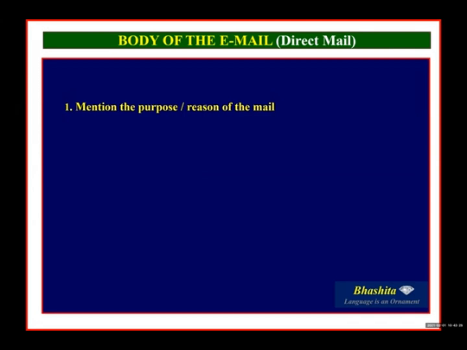So what are the elements we have to include in the body of the email, my dear students? The first element, highlight the purpose or the reason of the mail. Second element, what you're expecting from the receiver by composing the mail. What are you expecting from the receiver by composing this mail? That has to be highlighted in the next lines.